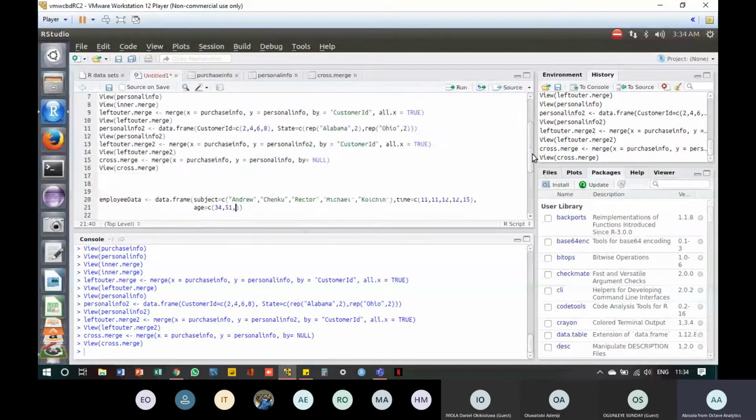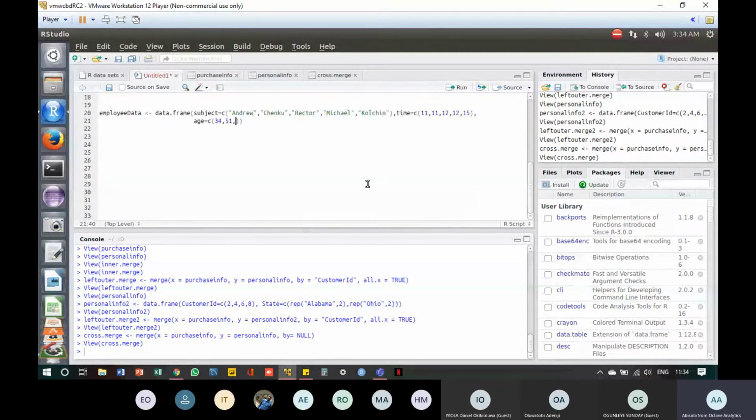51, 66, 45, 56. Weight is 80, 90, 89, 56, 67, and height 12, 10, 15, 17, 20.